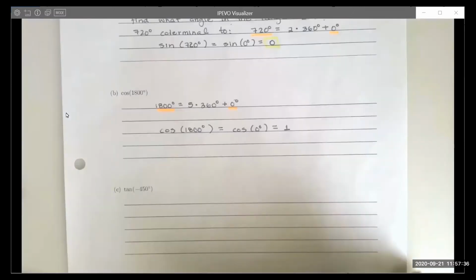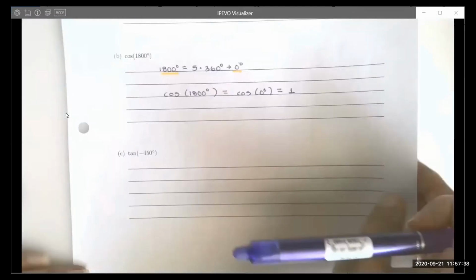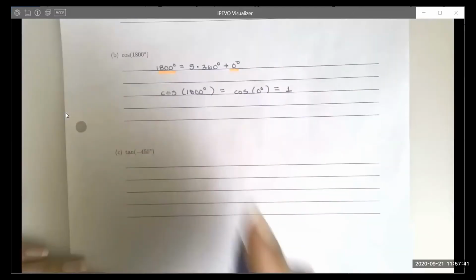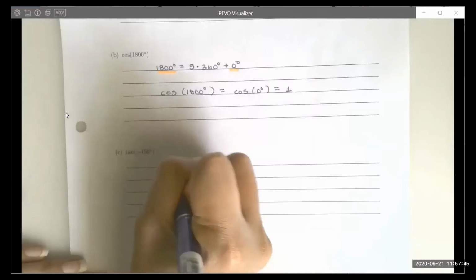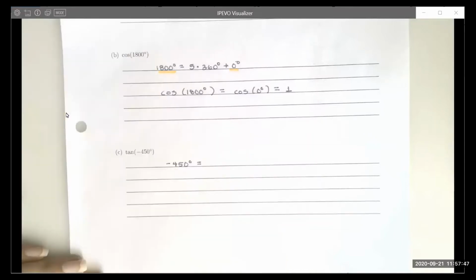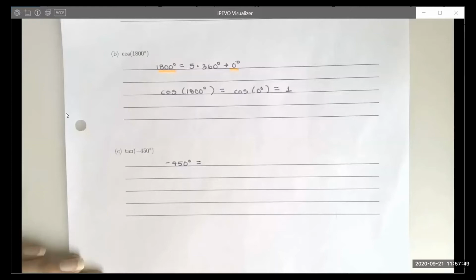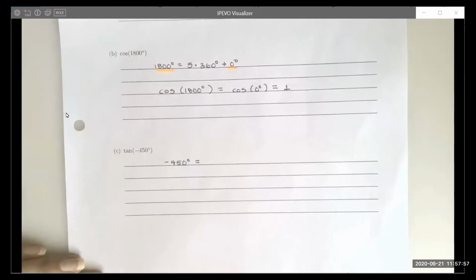And last one, tangent of negative 450. We want to find out what negative 450 is coterminal to, and we want to make sure that it is in the range 0 to 360, meaning we want to pick a positive angle. So let's see, how would we want to accomplish that?